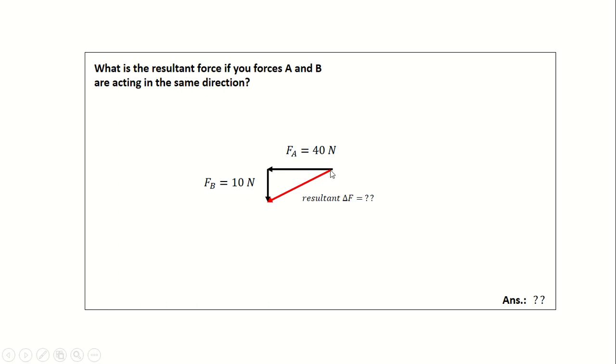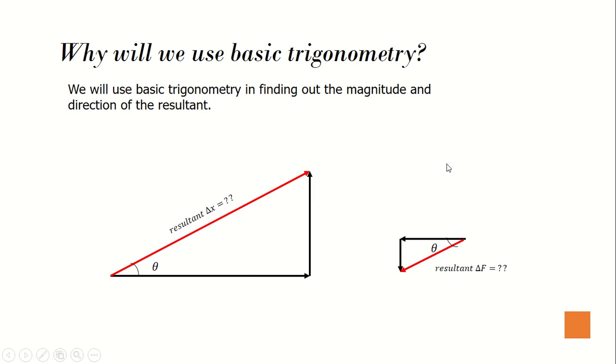If we connect the tail of the first vector with the head of the second vector, we get this resultant. How do we solve this? By now, it's good if you notice that what we are able to form are right triangles. Right triangles look like this. Remember, they form a 90-degree angle right here in this first example, and then here in the second example.